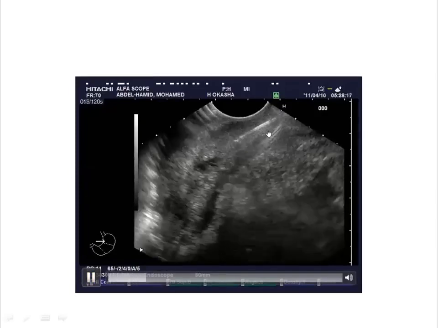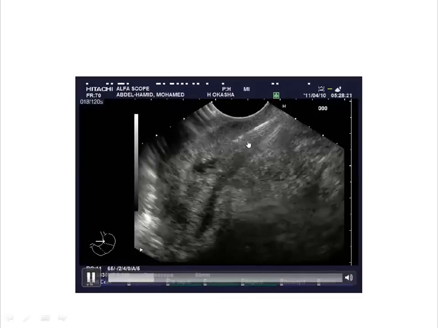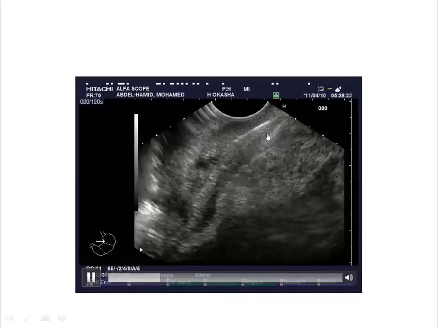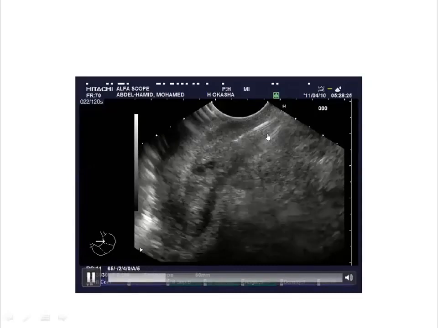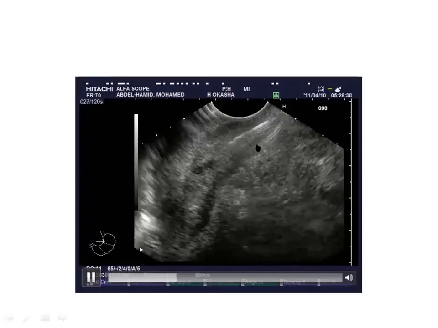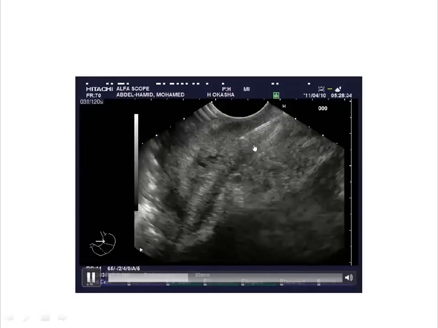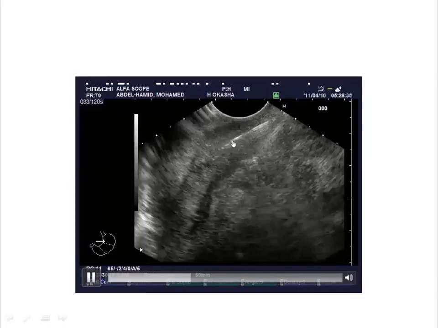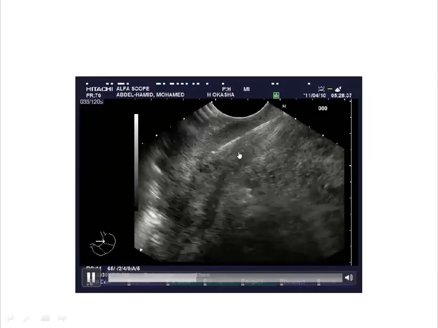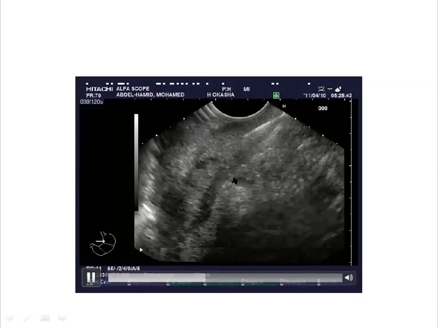We can do it by fine needle aspiration needle, or better in these instances, it is better to do it with fine needle biopsy, not fine needle aspiration, to obtain enough material for immunohistochemistry or immune staining, because in these patients, we are suspecting adenocarcinoma or lymphoma.